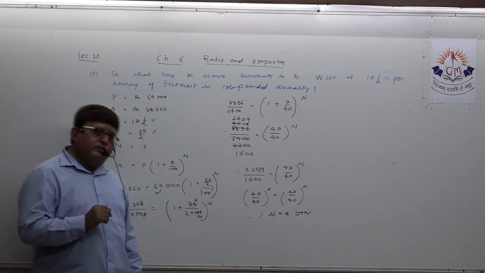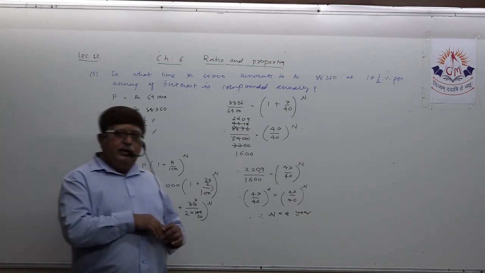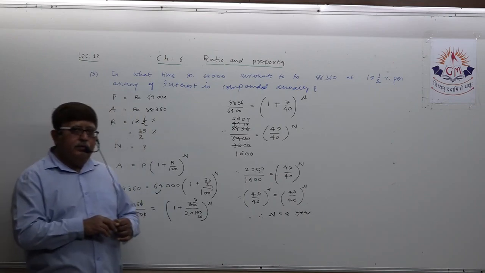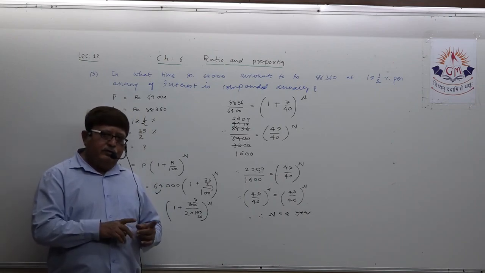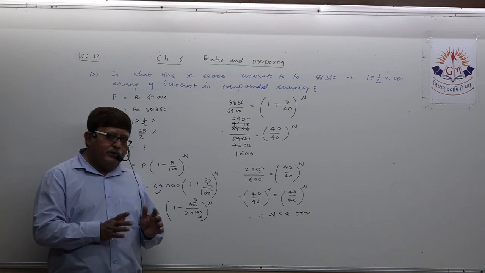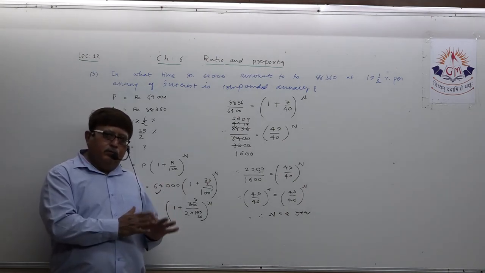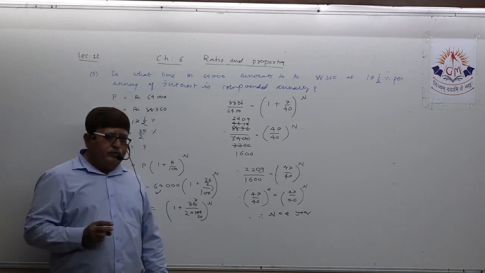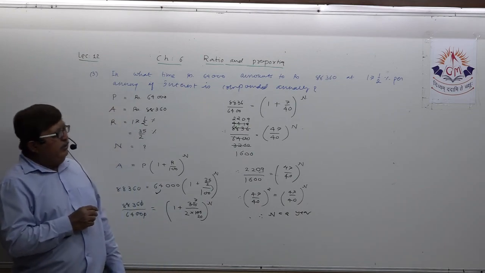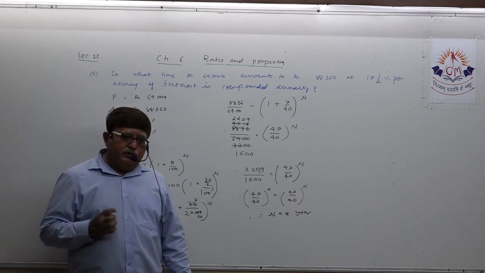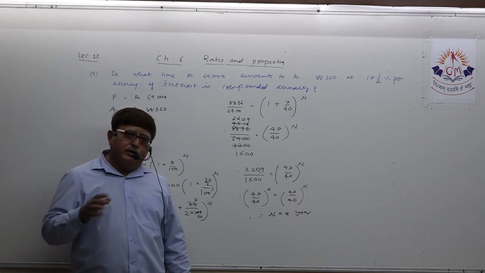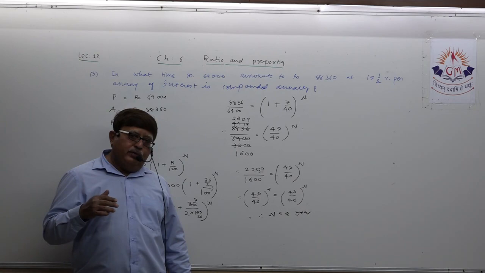Okay, dear students, in the last lecture, lecture number 11, we practiced examples to find the principal, where we apply a specific track to follow. In today's lecture we have practiced how to find the number of years. In the next lecture you will practice how to find the rate of interest.